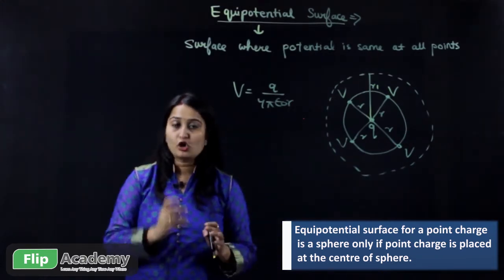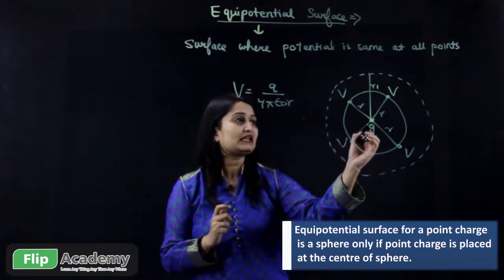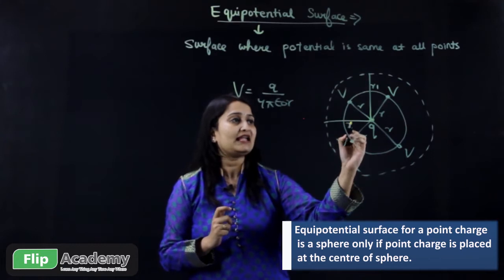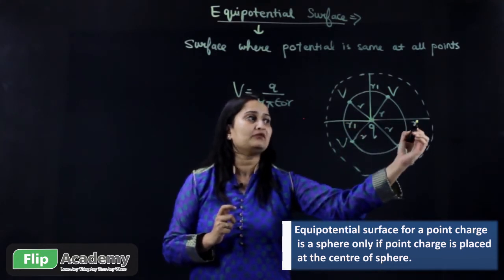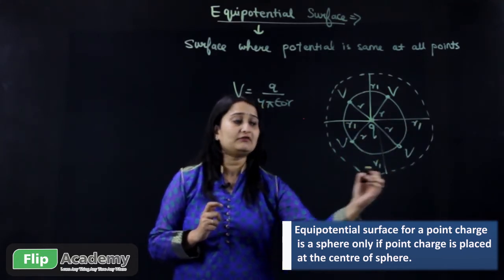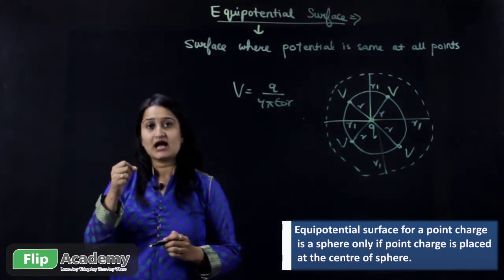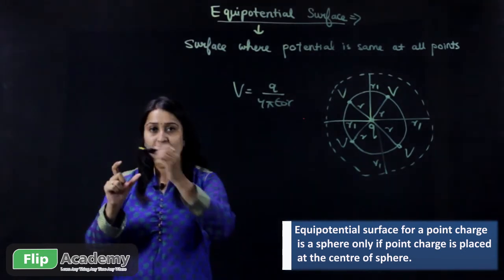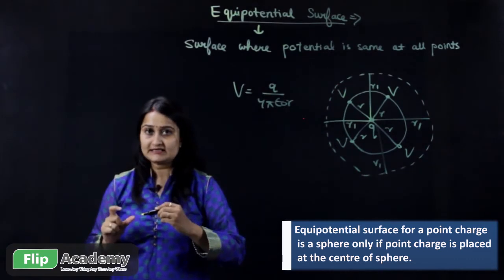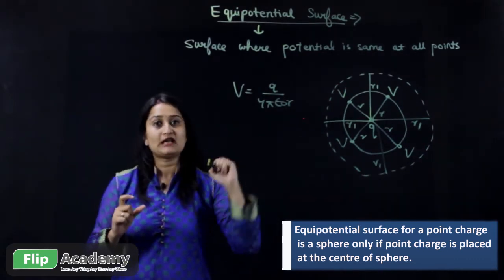So, every point on the surface of the outer sphere has radius R1.